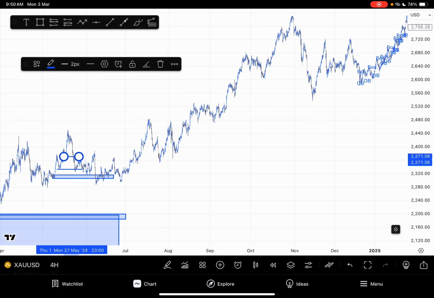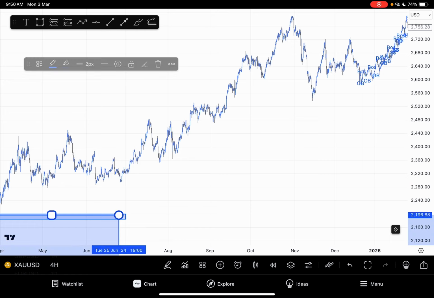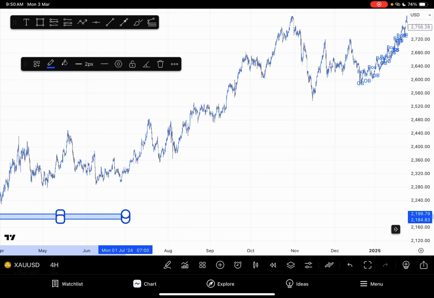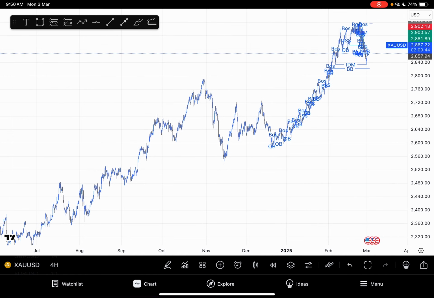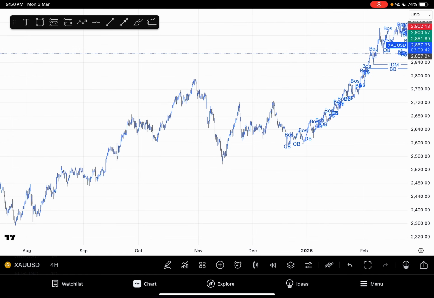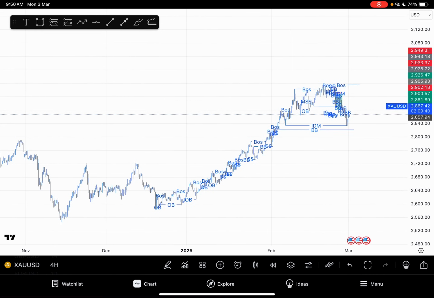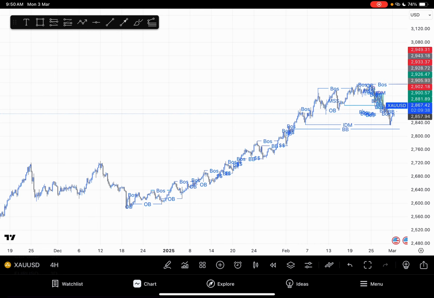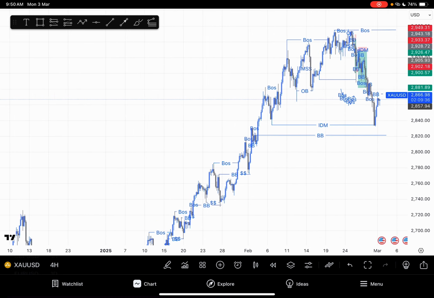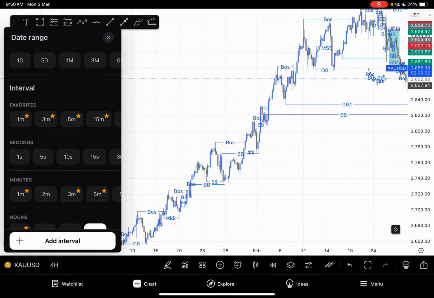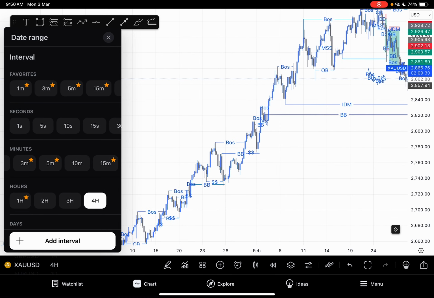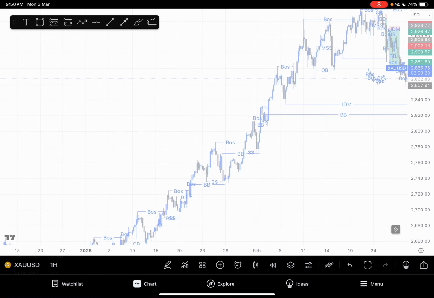Price is moving in a bullish direction, creating multiple break of structures. So now, what next? You have to move to the lower time frame. Go to the 1 hour time frame.